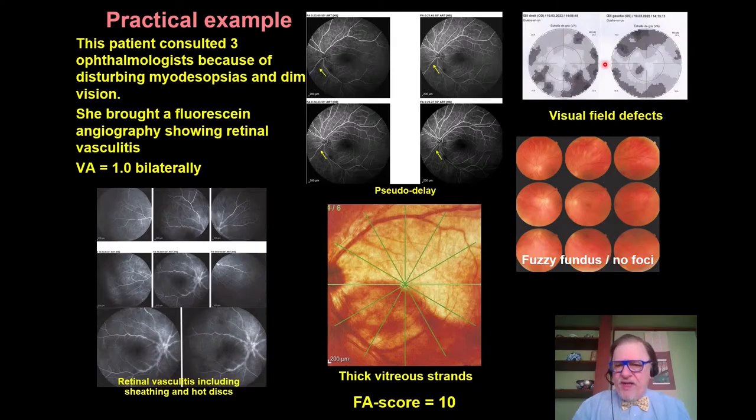This is one of the diagnostic parameters which will help you to make the diagnosis of birdshot. You can see here also the retinal vasculitis, including sheathing, as well as hot discs. In this case, the fluorescein score was calculated to be 10.